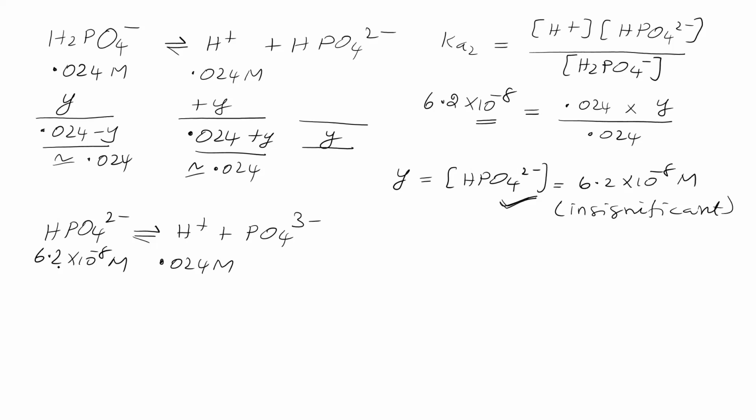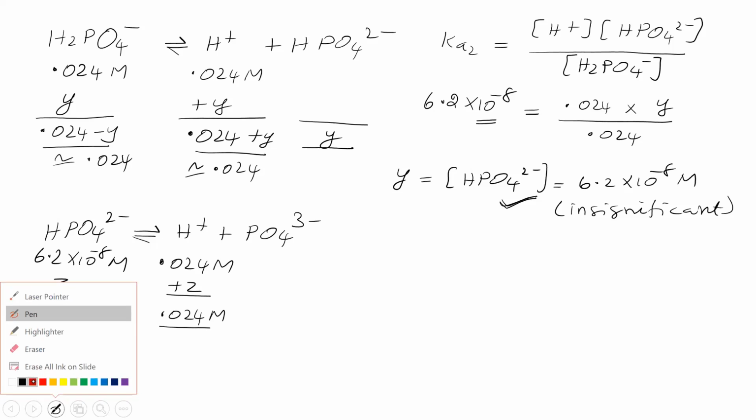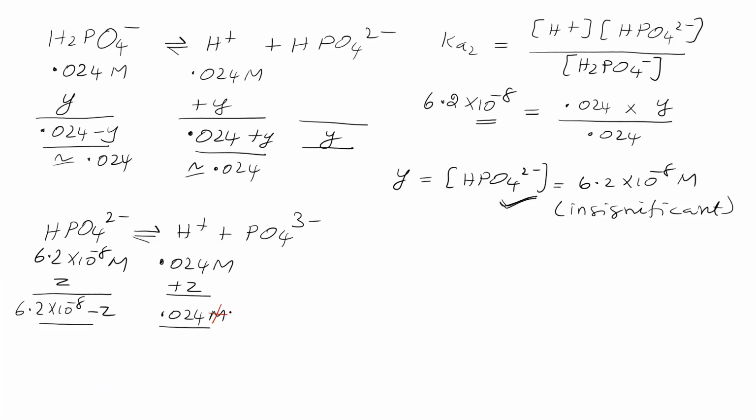Now it is dissociating Z molar. Therefore, how much remaining? 6.2 into 10 to the power of minus 8 minus Z. H plus produced is Z, so H plus present is 0.024 molar plus Z. PO4 3 minus produced is Z molar.